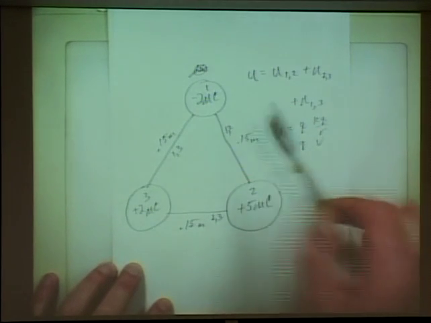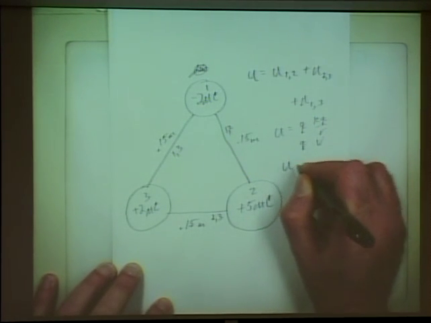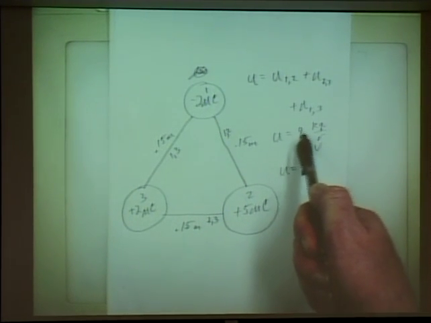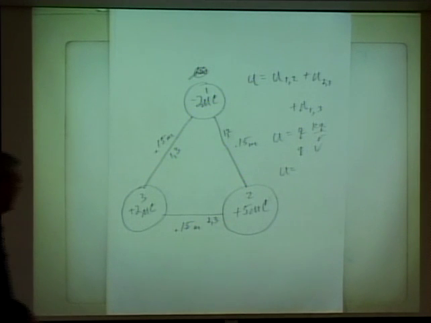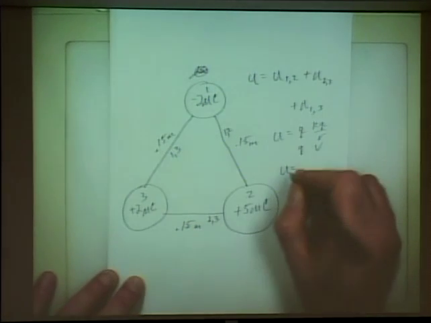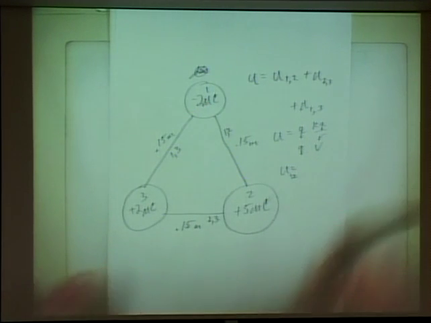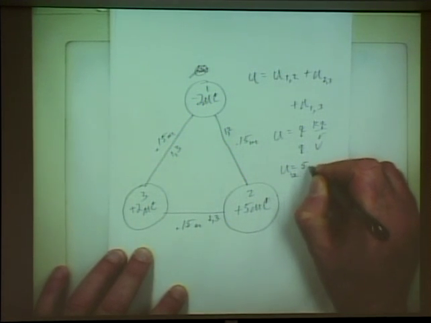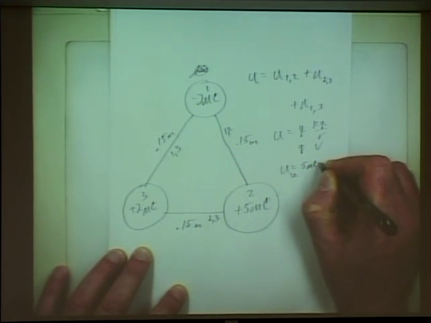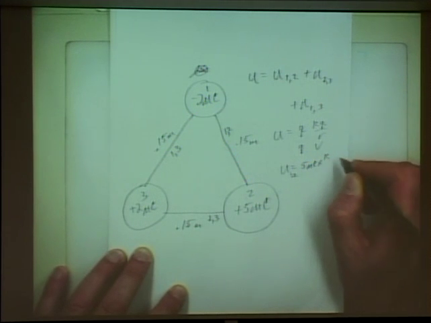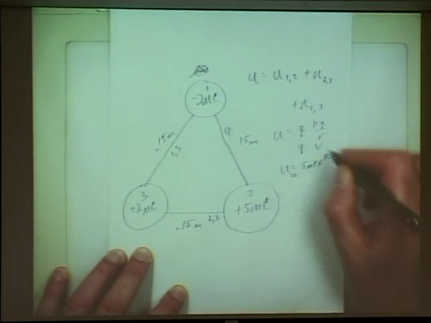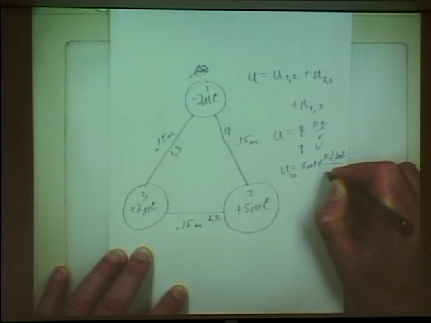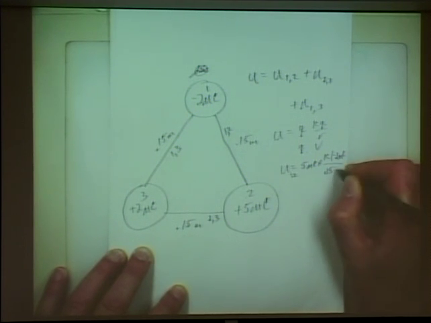Now U12, which is this one, is equal to, what's the charge of Q for this formula, Q times KQ over R? For U12, I'm bringing in the plus 5, so it's going to be 5 microcoulombs times K times Q, negative 2 microcoulombs over 0.15 meters.